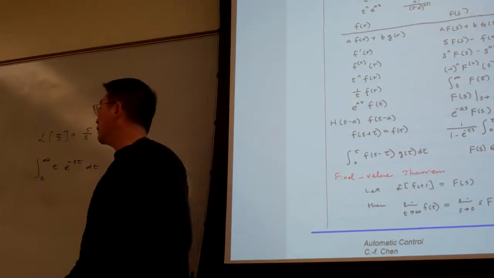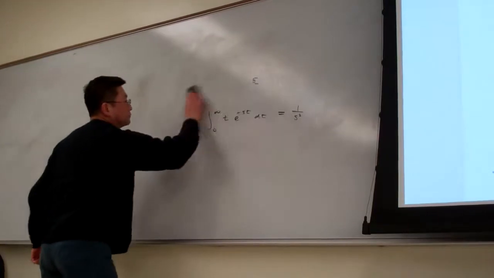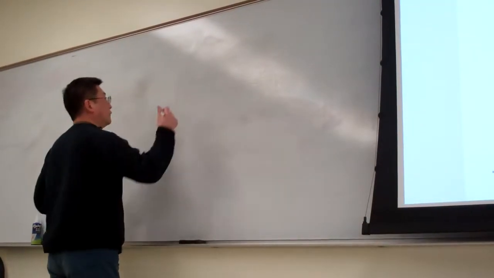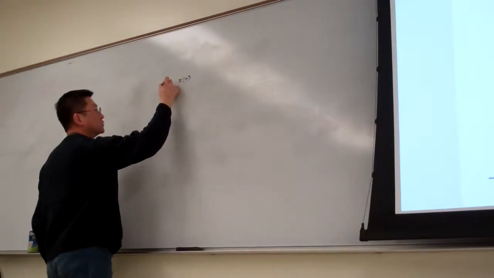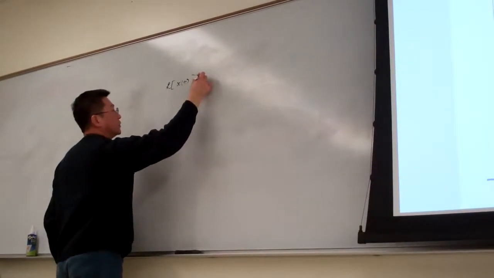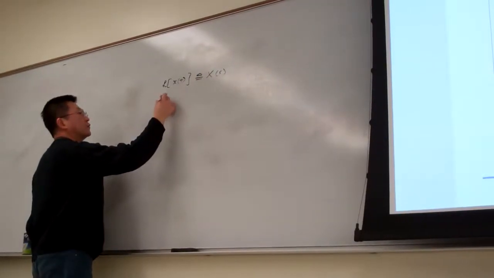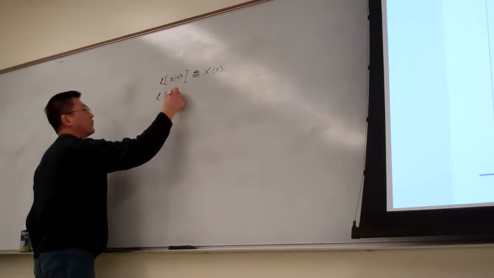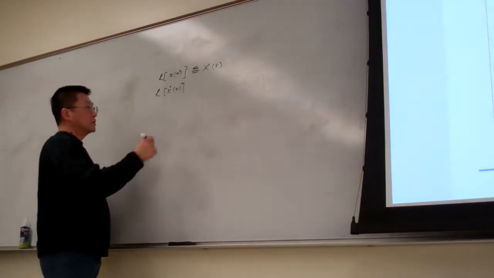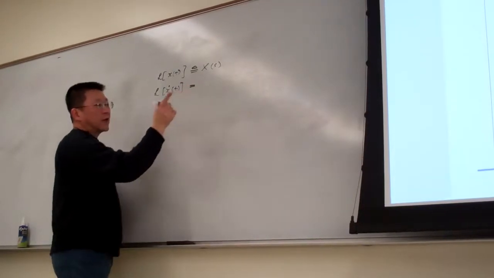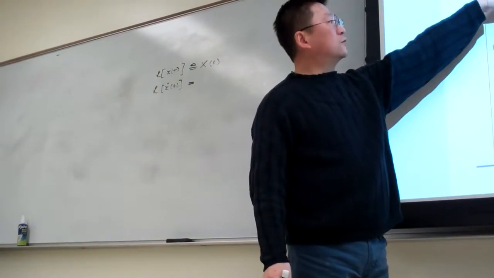Okay. So let me make one example here. For example, if we have an arbitrary function, let me define its Laplace transform using the symbol capital X. Then if we want to find the Laplace transform of the first derivative, using that equation, right now n equal to 1.